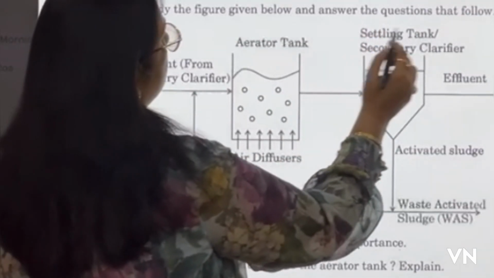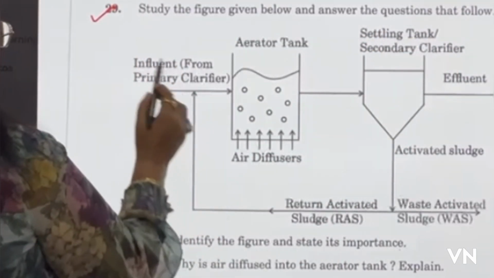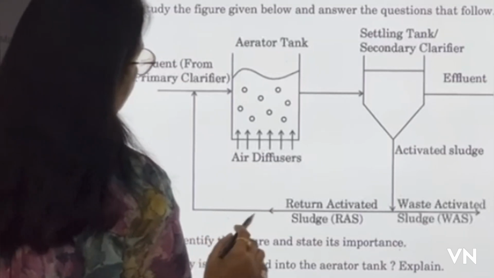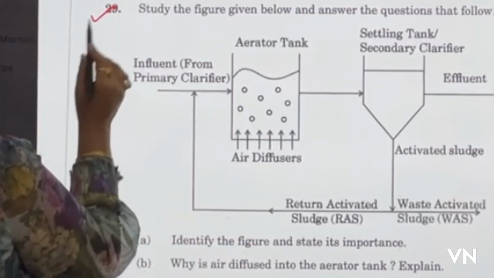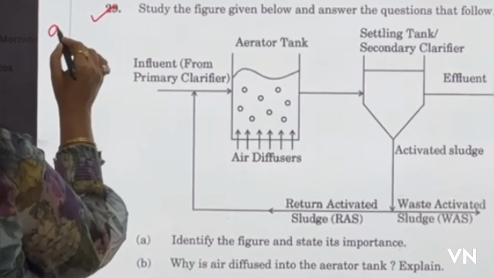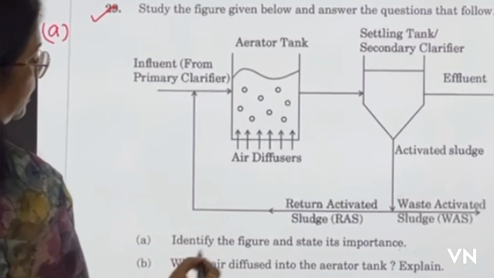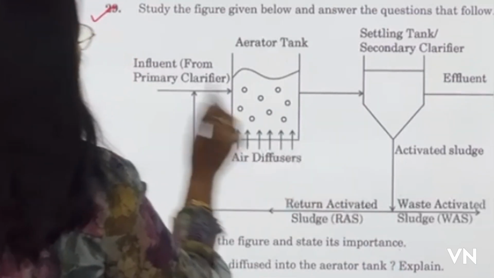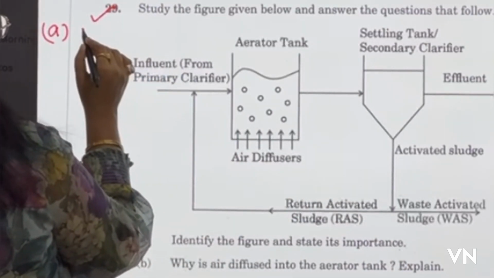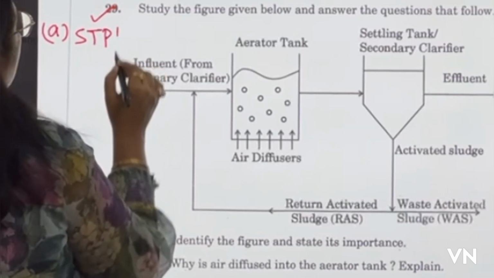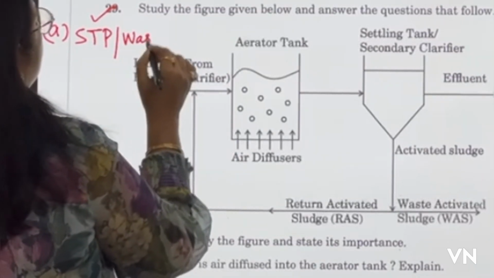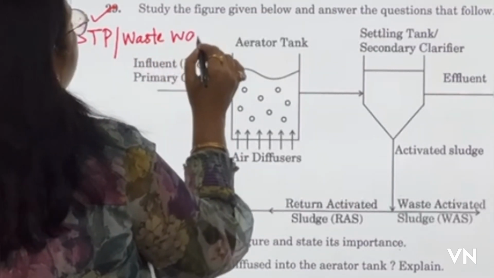Look at the figure below and answer the questions that follow. As you can see, this is the diagram of sewage treatment plant. The answer of A part, identify the figure and state its importance: this is the figure of sewage treatment plant or wastewater treatment plant.